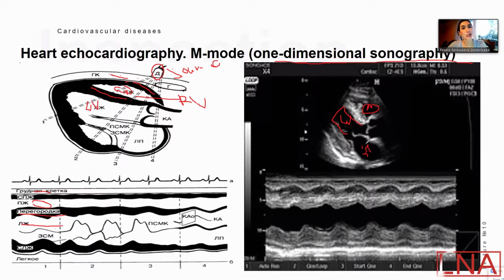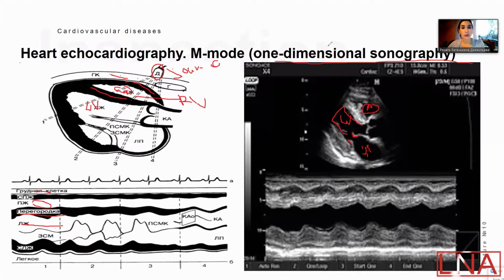Look, how can we understand where the left ventricle is, where the left atrium is? Yes, because it's really not very simple to understand. We can look at the direction of the cusps of the mitral valve, or bicuspid valve, and look at the direction of opening, normally toward the left ventricle.